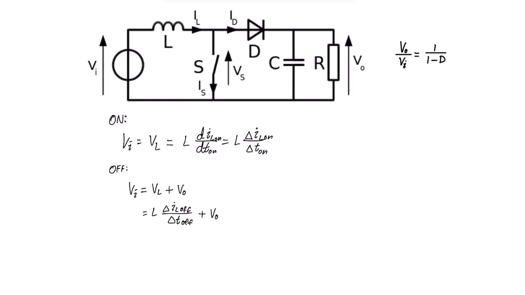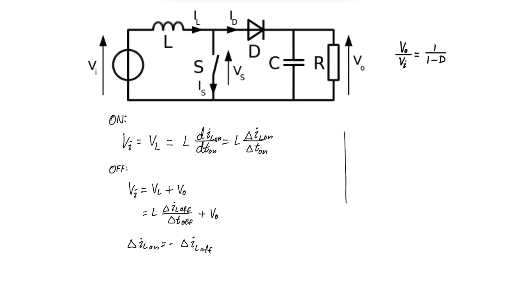So what we want to do now is to compare these two equations, right? VI equals that and VI equals this. So what we know is that in steady state, the change of current when it's on, for the inductor, is equal to minus the change of current in the inductor when it's off.